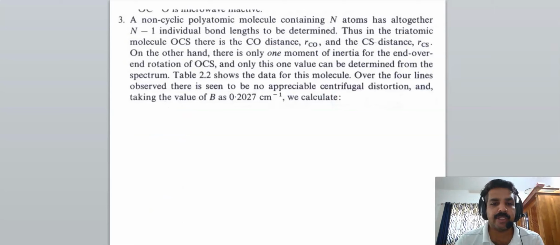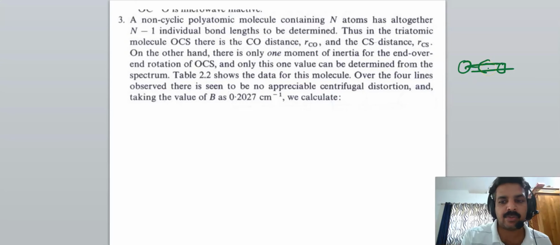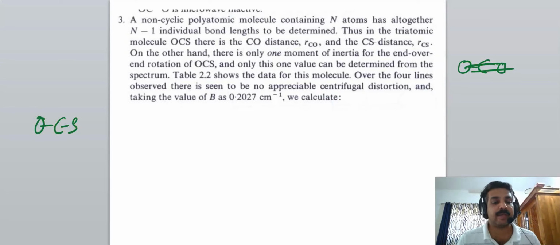And the third point is, in the diatomic molecule case, we have only one moment of inertia. But in the case of, for example, OCS, there will be two bonds.